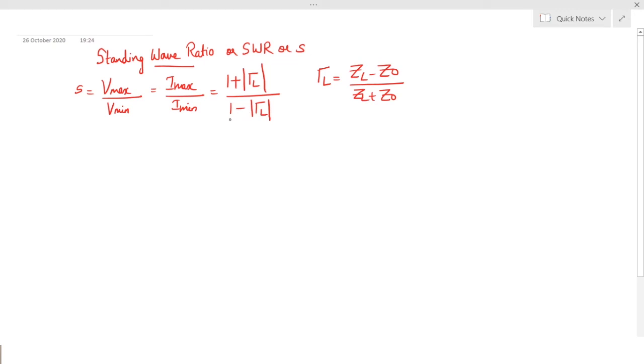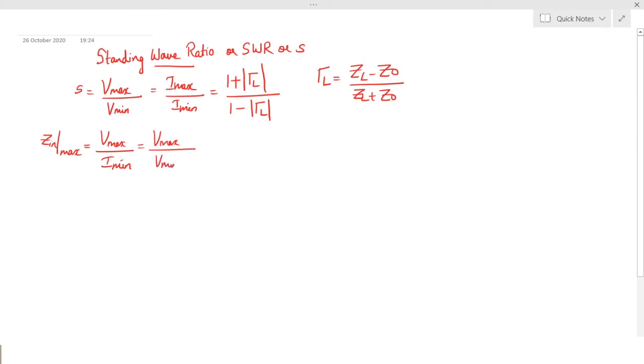And now we discuss the equation for input impedance, and let's check the maximum value of input impedance. The maximum value of Zin is given by Vmax divided by Imin. That is, the maximum value of input impedance is the ratio of maximum voltage to minimum current, and minimum current occurs corresponding to minimum voltage.